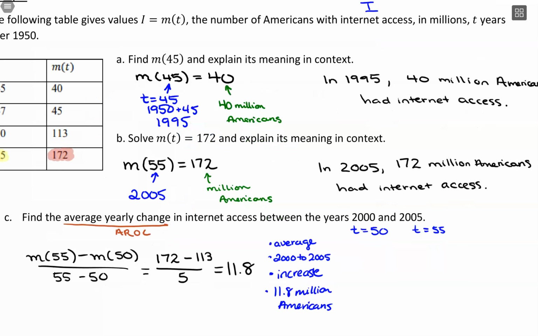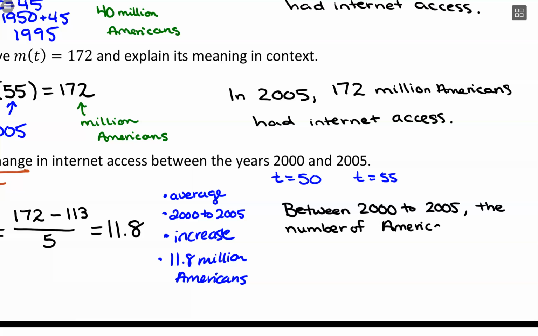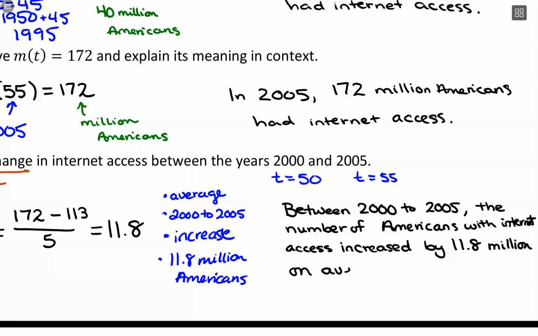So putting that all together, I'm going to go ahead and say between 2000 to 2005, the number of Americans with internet access increased by 11.8 million on average.